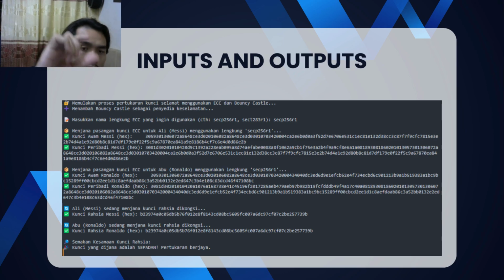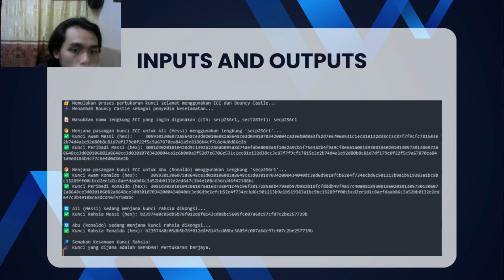We have to keep in mind that this output doesn't show how the number is formulated, because for this number to be generated as a shared secret key, they have to take one number from the public-private key and combine it with the public key of the opposite party, which in this example is Ronaldo.